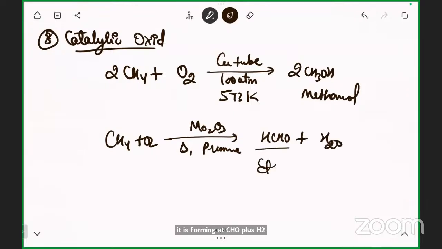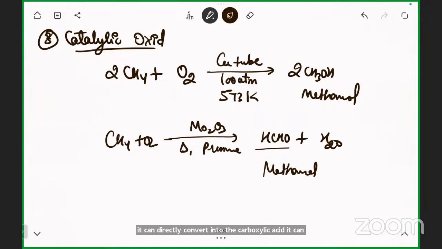HCHO is methanal. So depending upon the catalyst, the reaction occurs, known as catalytic oxidation. It can convert directly into carboxylic acid, aldehyde, or alcohol.